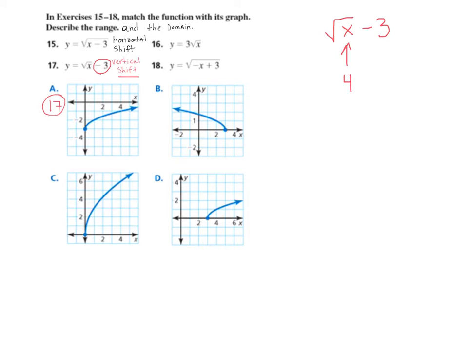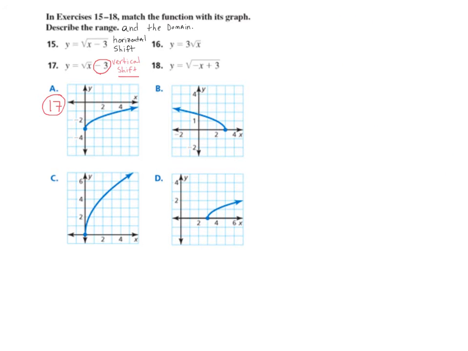So I've got the square root of 4 minus 3. The square root of 4 is 2, minus 3 equals negative 1. So when we input 4 into the function, our output was negative 1.